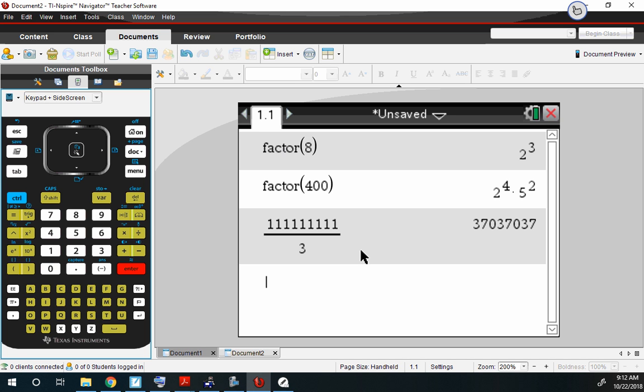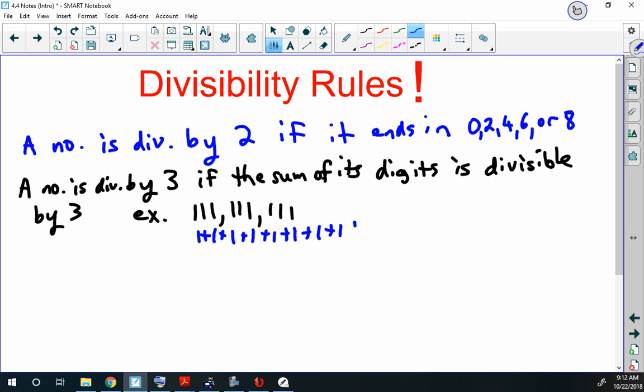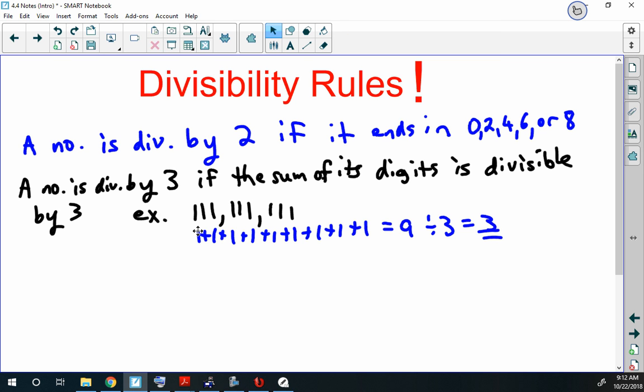Imagine that. Because the deal is 1 plus 1 plus 1 plus 1 plus 1 plus 1 plus 1 plus 1 plus 1 equals 9, which is divisible by 3 evenly. So that's divisible by 3.